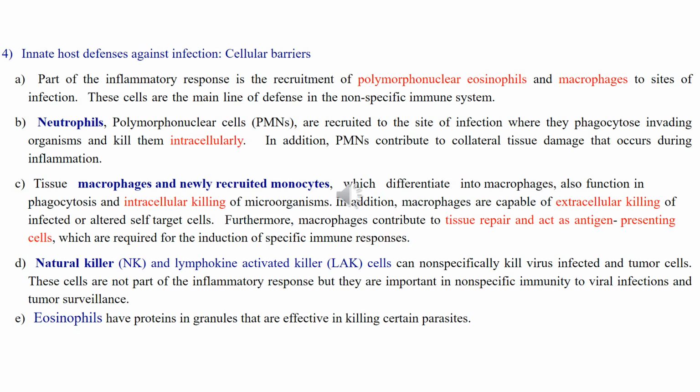The tissue macrophage and a newly recruited monocyte, which differentiates into a macrophage after migration from the inside of the blood vessels, also function in phagocytosis and intracellular killing, like neutrophils.